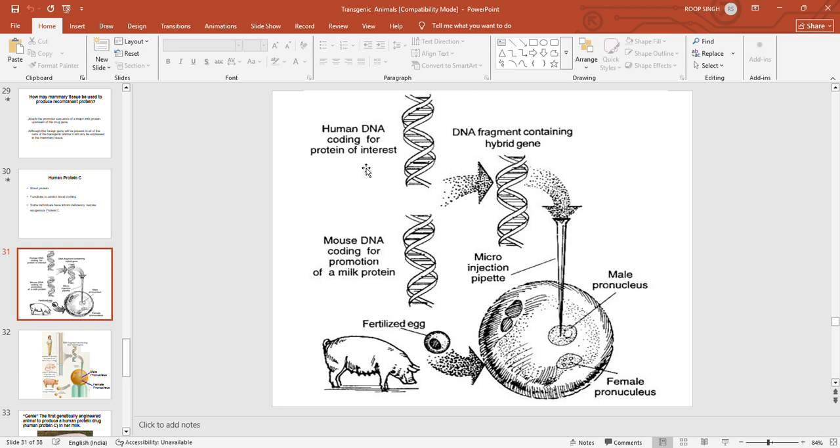So human DNA coding for a protein of interest, like protein C or any other gene for any desirable trait, can be fused with the milk protein promoter, and then injected into the male pronucleus of the fertilized egg, and then it's implanted in the foster mother.